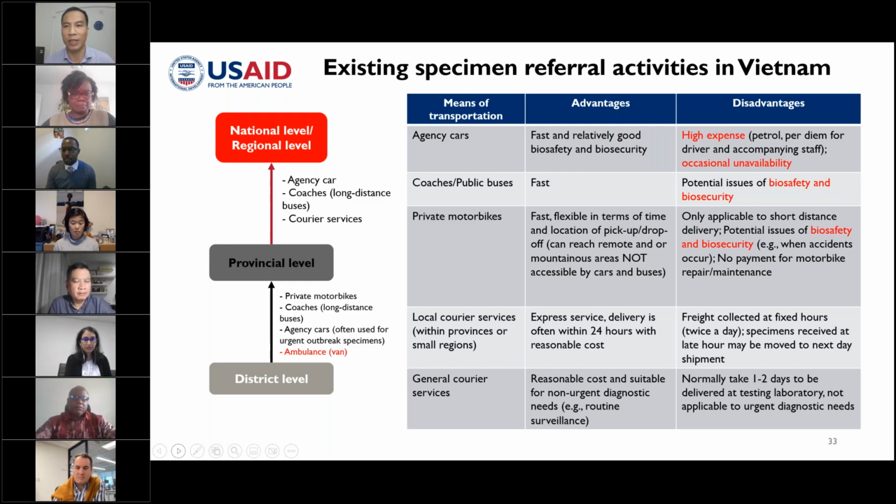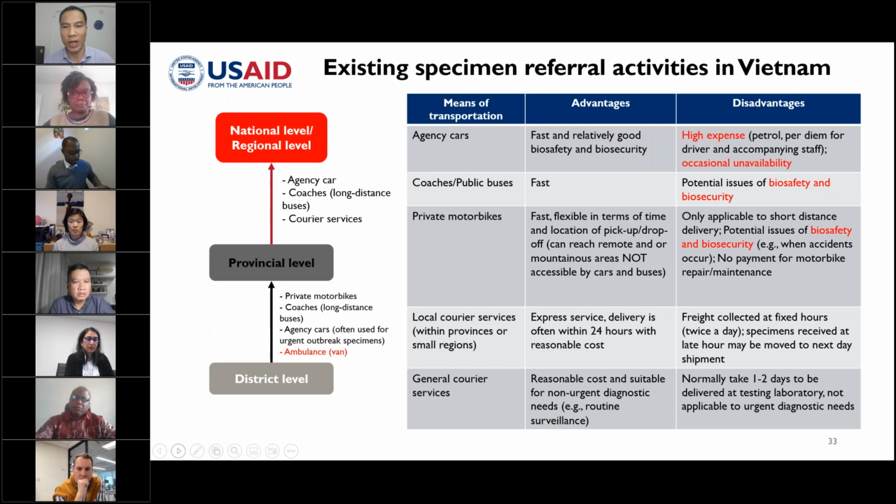Actually, private motorbike is very popular in Vietnam. Every family has say 2 or 3 motorbikes, so it's very flexible in terms of transportation means. However, each one has its own advantages and disadvantages in terms of transporting infectious specimens.